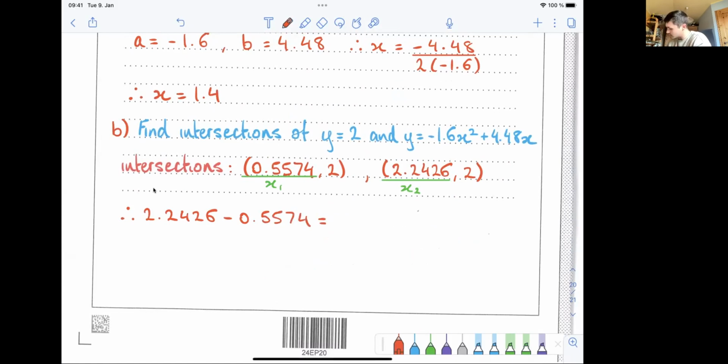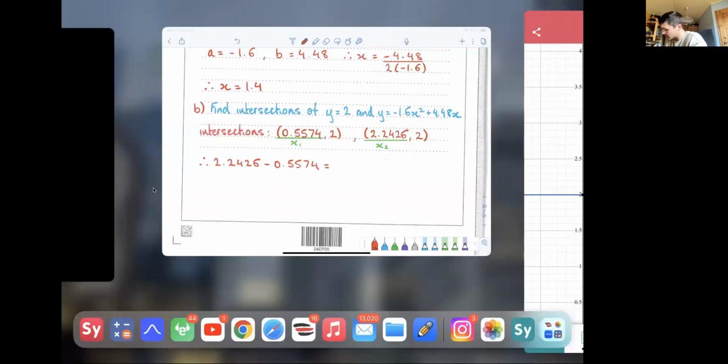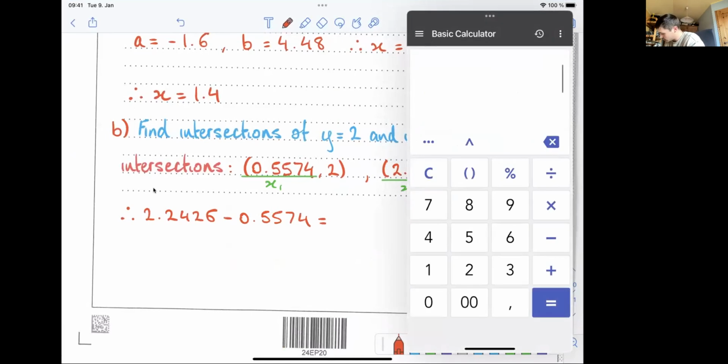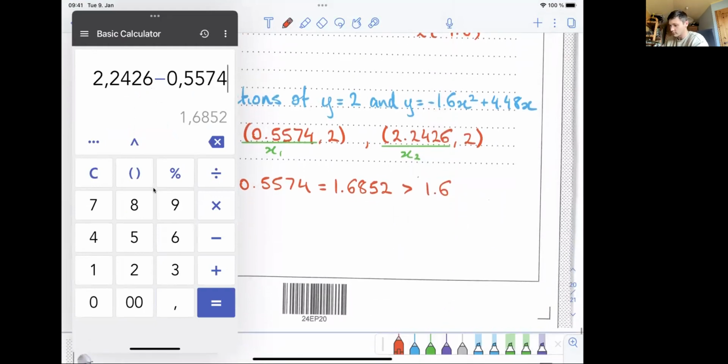I'll use a different calculator. 2.2426 subtract 0.5574 gives us 1.6852, which is greater than 1.6, which we set up above.